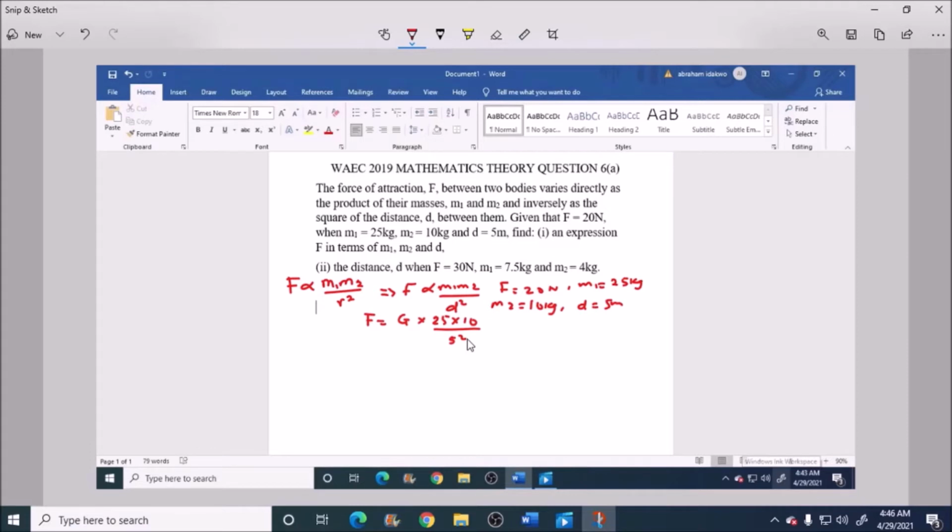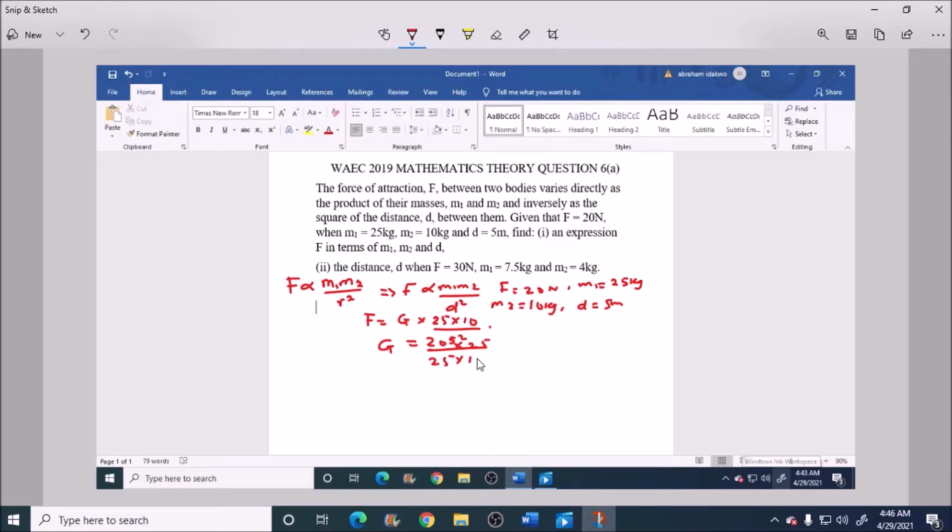Okay, so this will give us g equal to 20 times 25 over 25 times 10. This will give us 2 Newton meter squared per kilogram squared. All right, now let's go to the question.